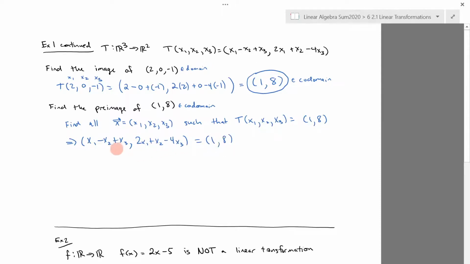But then these two things are equal when their components are equal. Right, so first component we get x1 minus x2 plus x3 is equal to 1. And second component is equal to 8. Then what we have here is just a system of equations which we can now set up as an augmented matrix.